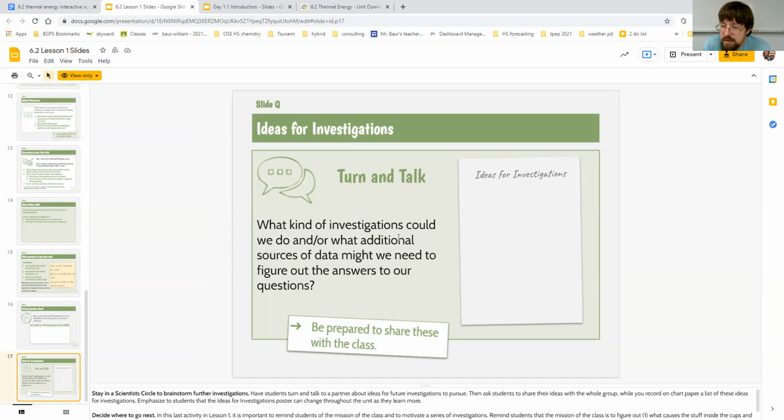And we looked at some drawings and models that we created as a class. We've generated all these questions. So let's think about how we come up with answers. We're going to jot down on a poster ideas for experiments, investigations, and data that we need to help understand how this thing works. Why is the fancy cup working better than the cold cup?